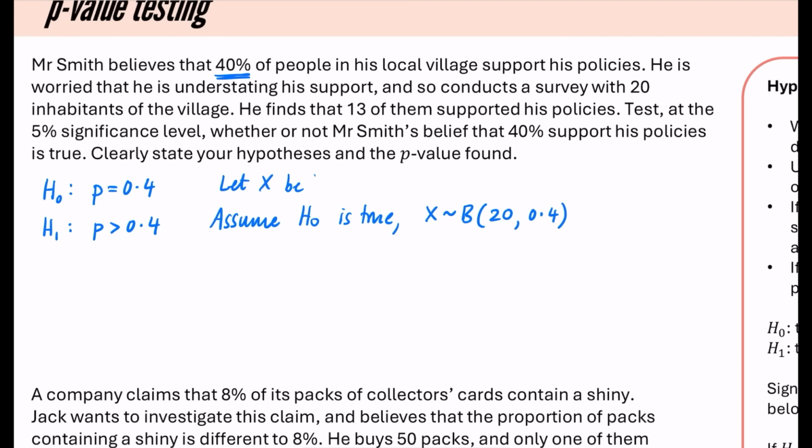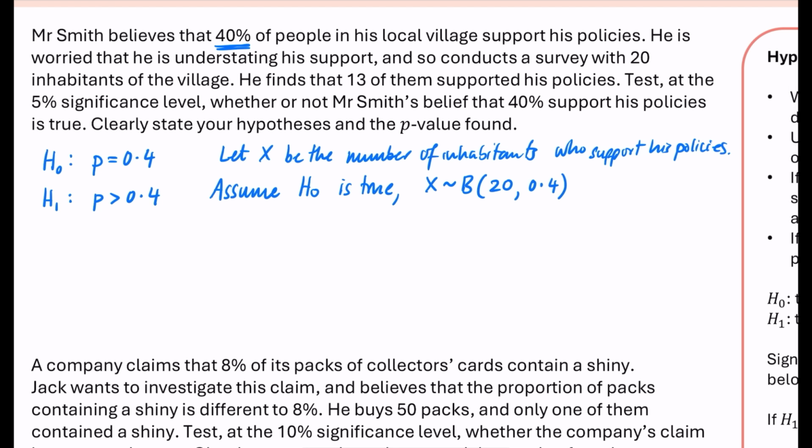Let X be the number of inhabitants who support his policies. I might change in the PDF and say that Mr. Smith is like a councillor or something, just so the question makes even more sense. Okay, so we're going to say X is the number of inhabitants who support his policies.